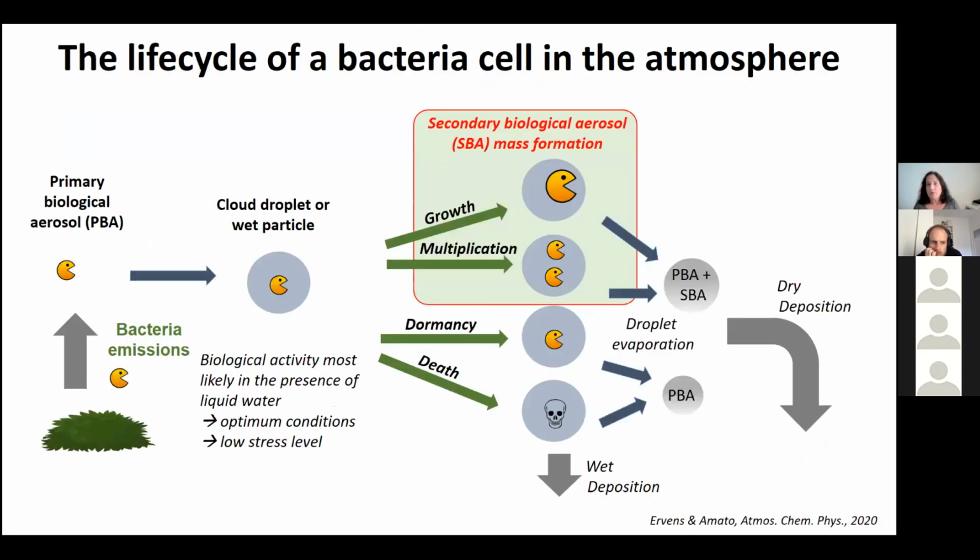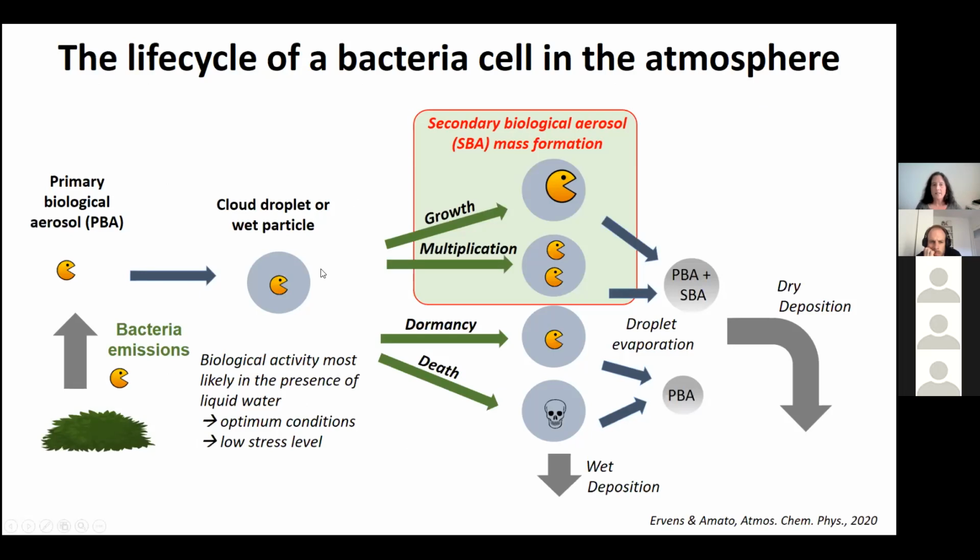So what can happen to a bacteria cell that gets emitted from different ecosystems? Obviously, whether I have a forest or the ocean or other ecosystems, they emit different bacteria at different concentrations. But eventually they get into the atmosphere and might get involved in a cloud droplet.